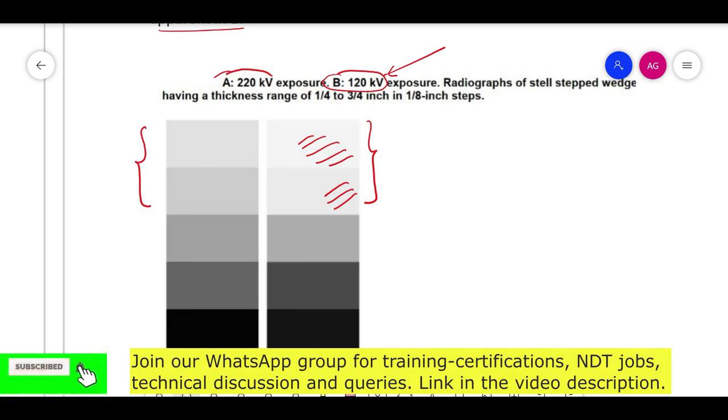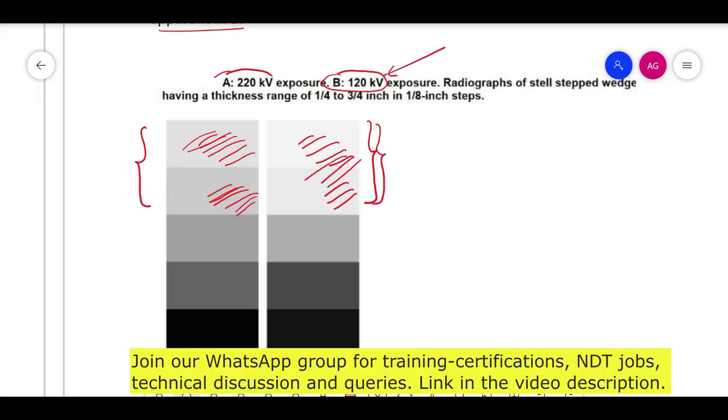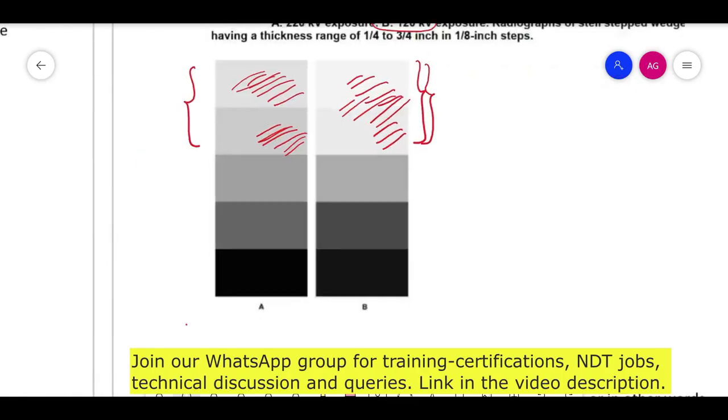Whereas if you see this left portion of the film, then you can easily differentiate between this portion and this portion. That means this is black, this is a little black, and this is light. You can easily differentiate. Whereas in this B film, both are almost the same, as you can see.